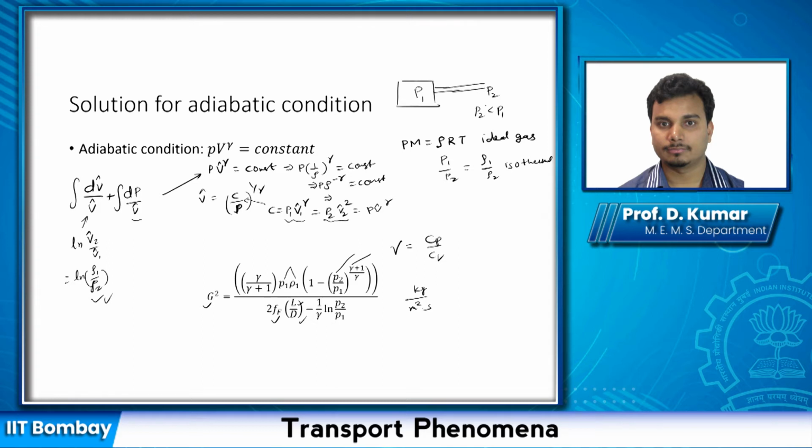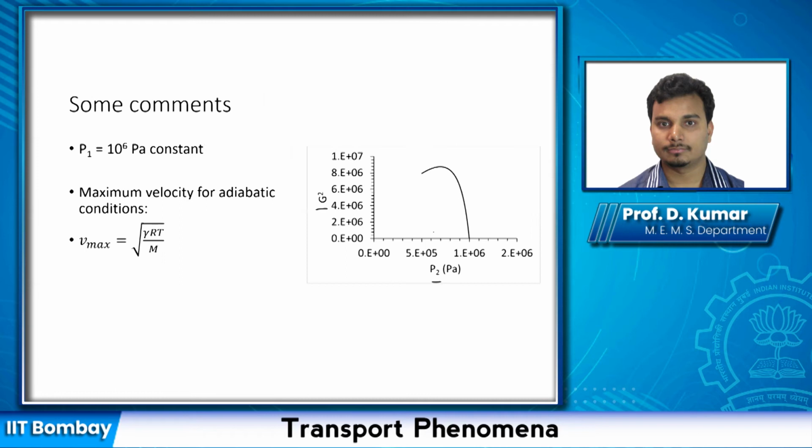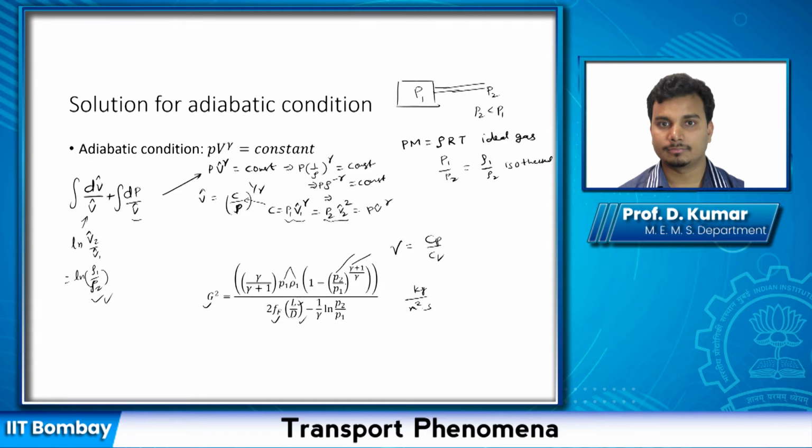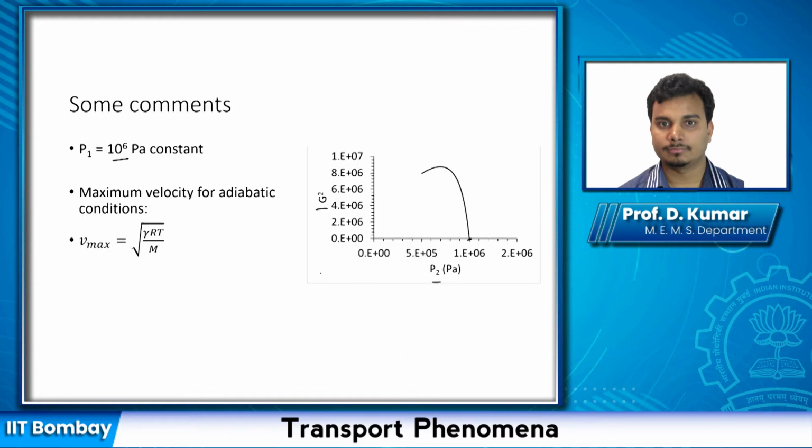If we start with P2 equals P1, there will be no flow because the pressure is the same. So G is 0. If you do P2 equals P1 here, this will be 1, so everything will become 0. Okay, so you start from here. Now, as you are reducing pressure, as expected, the gas flow rate will increase, and what it shows is it goes through some maximum.